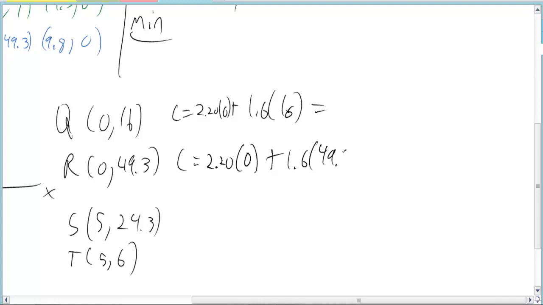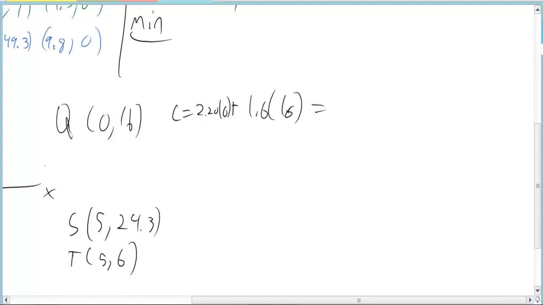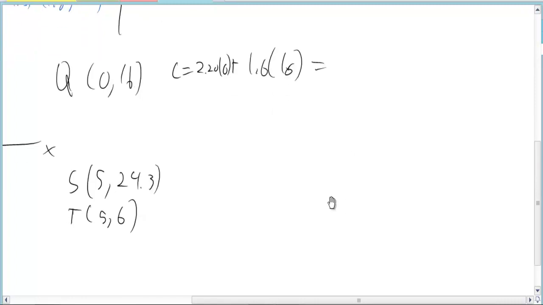But I also want to point out, for logic, we can figure out which one's going to cost less. The 0, 16 or 0, 49.3, well, it costs a lot more to get 49.3 servings than it does to get 16. So there's no point to doing this. We know if they both satisfy our equations, that one's not going to work for us. So similarly here, if they're both going to require 5 servings of the X, and this one requires 24.3 of the Y, and this one only requires 6, well, that one's not going to be the cheap one.